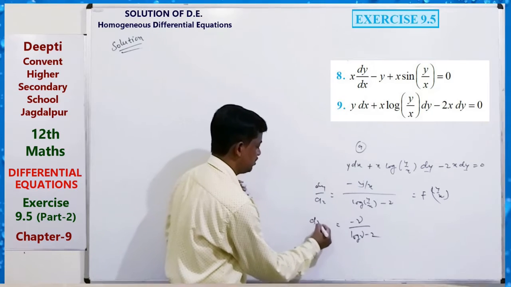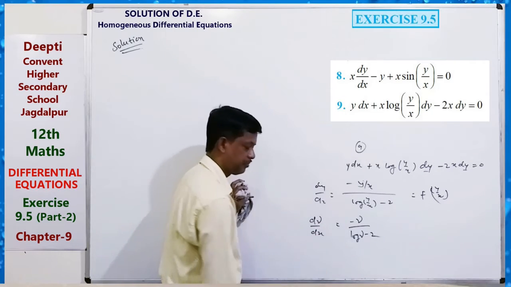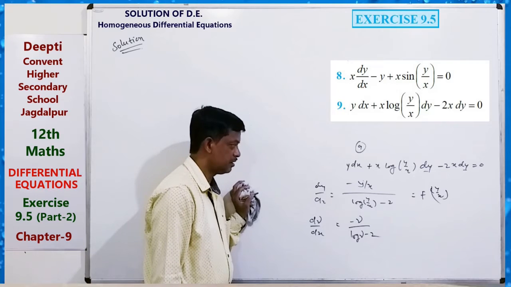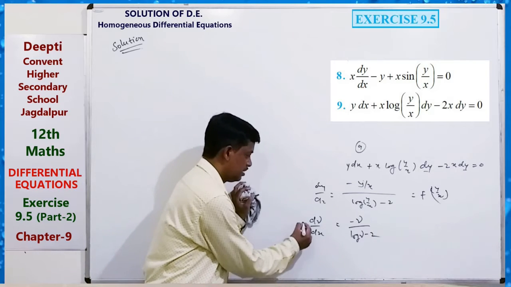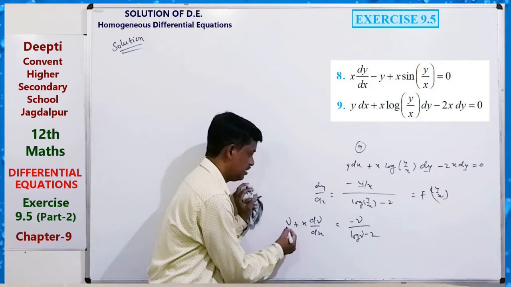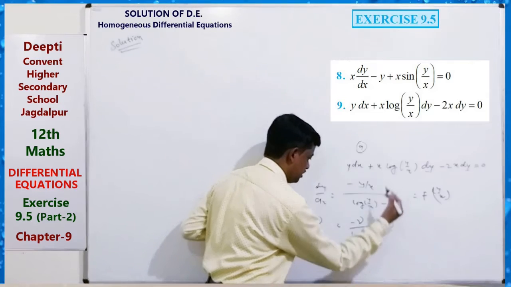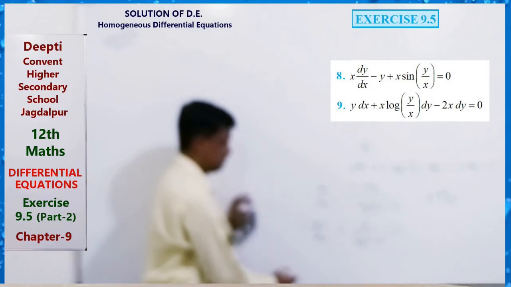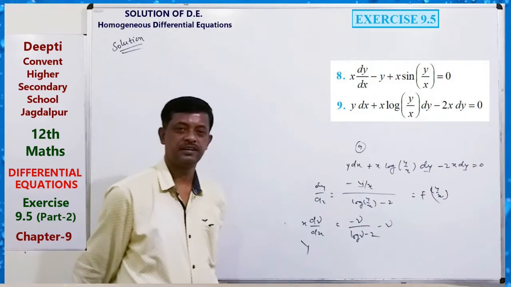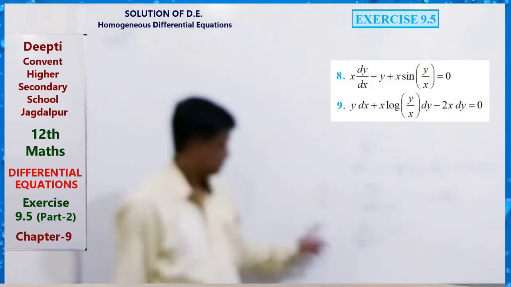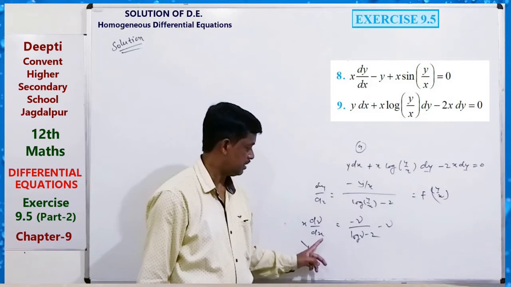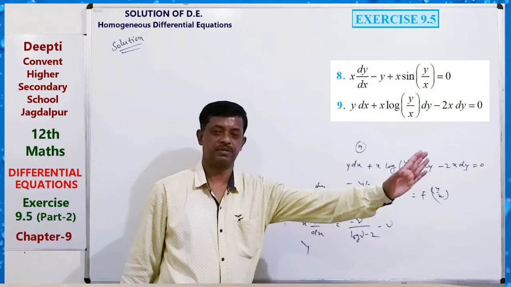So here dv by dx into x plus v equals this. Transfer v to the right side. Now we can convert it in terms of v and x as variable separable form.